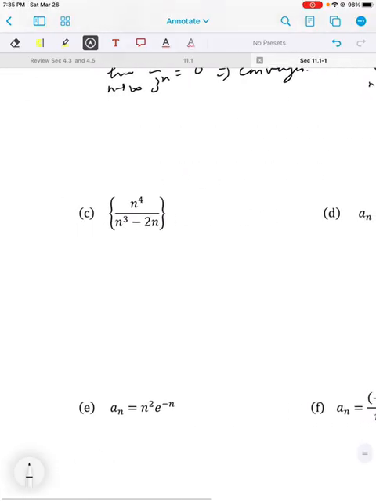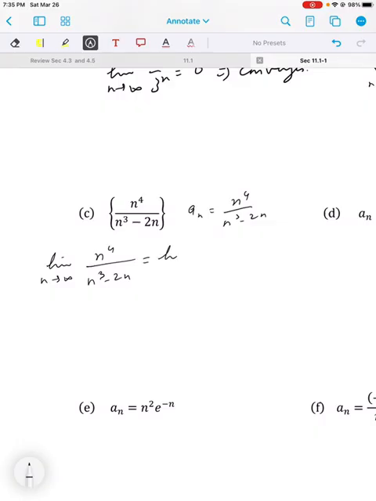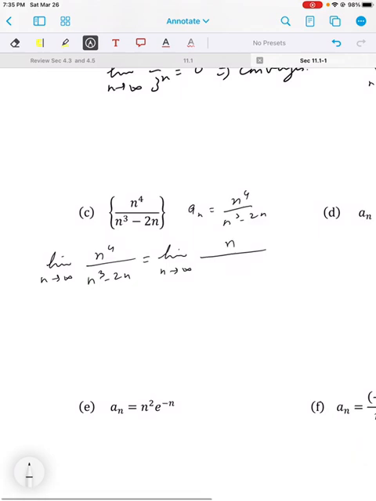Looking at this one, the a_n is n to the 4 over n cubed minus 2n. So we do the same thing, limit as n goes to infinity of n to the 4 over n cubed minus 2n. And as I said before, I am going to divide by the highest power in the denominator, which means n cubed. So when I do that, on the top I am getting n.